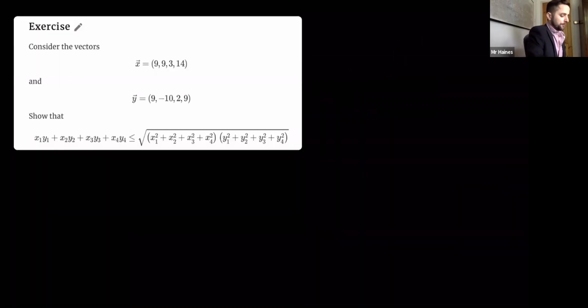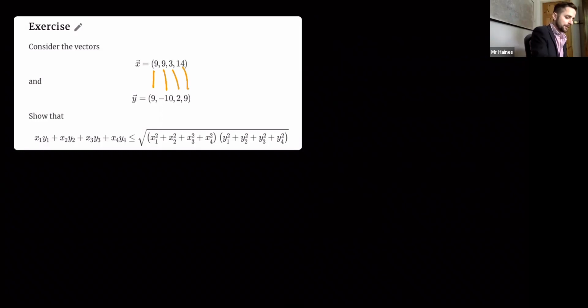Now, we won't worry too much about actually calculating this one, but I just want to show you that it works for lists of numbers of any length. So if we were going to do Cauchy-Schwarz on this one, we should do 9 times 9 plus 9 times -10 plus 3 times 2 plus 14 times 9, and then square that.